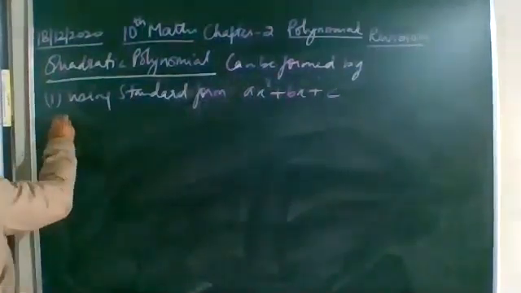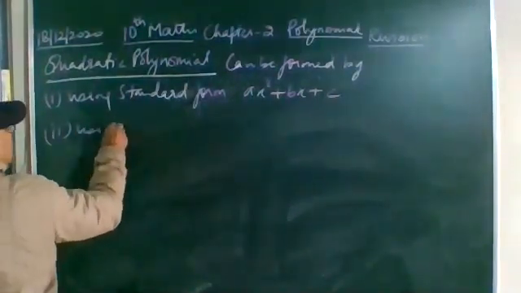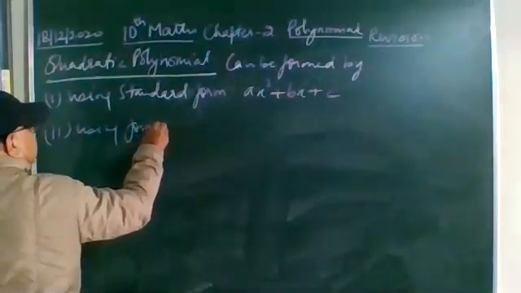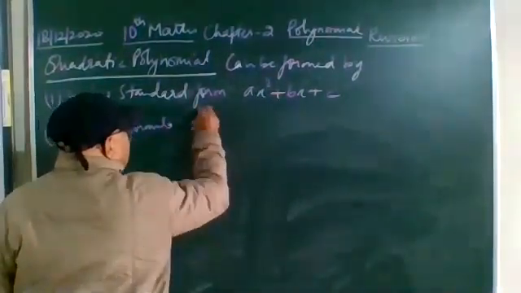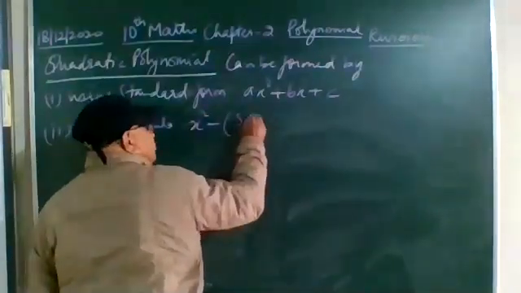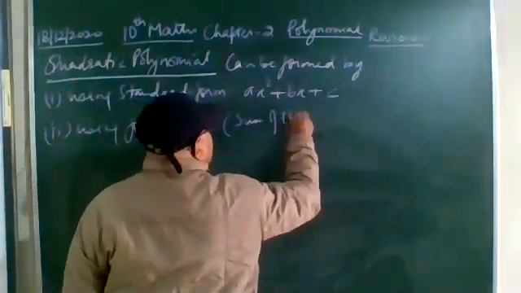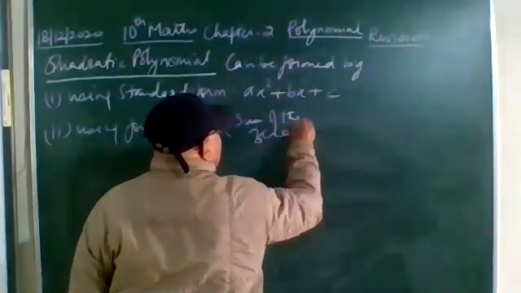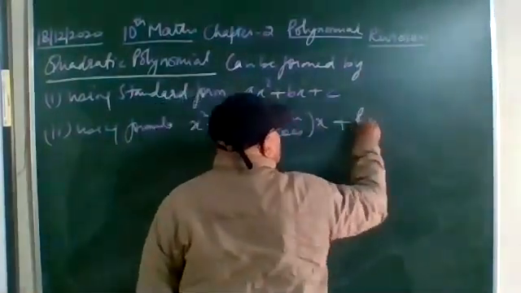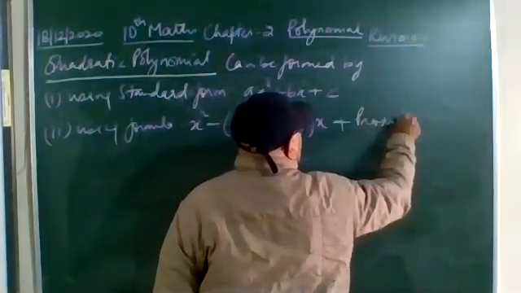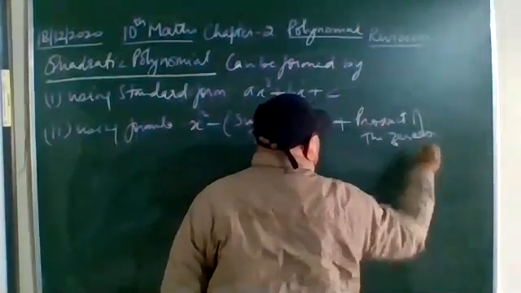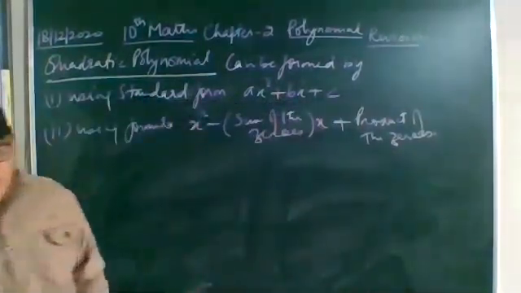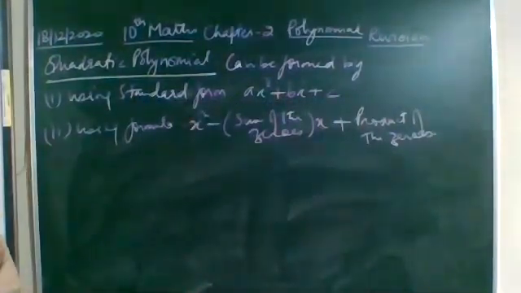Second, using the formula x square minus (sum of the zeros) x plus product of the zeros. This is how you can form the polynomial from its zeros.